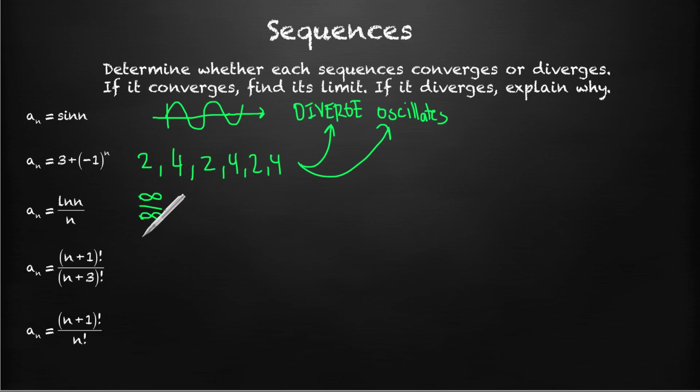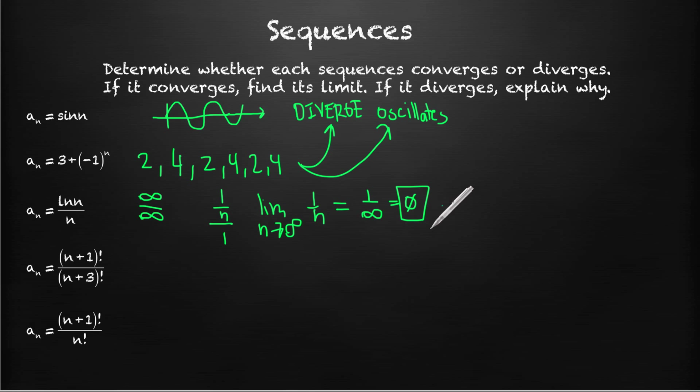We get an indeterminate form here, and we can take the derivative of the top, which is 1 over n, and the derivative of the bottom, which is just 1, and then we can say the limit as n approaches infinity of 1 over n. If we plug infinity into the bottom, we're going to get 1 over infinity, which is 0. So this is going to converge to 0.